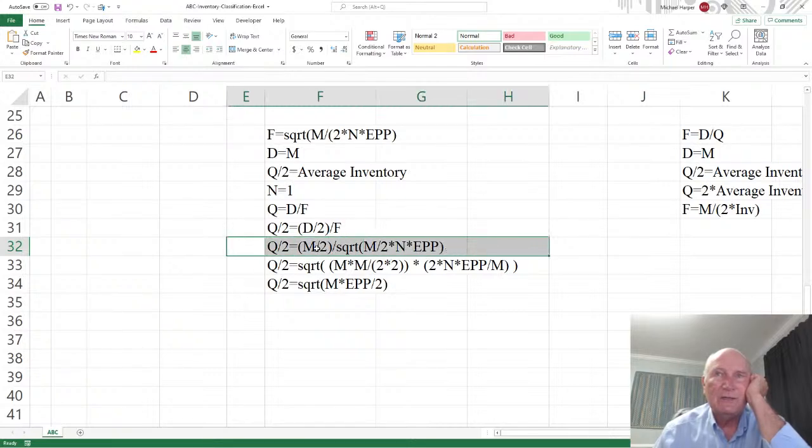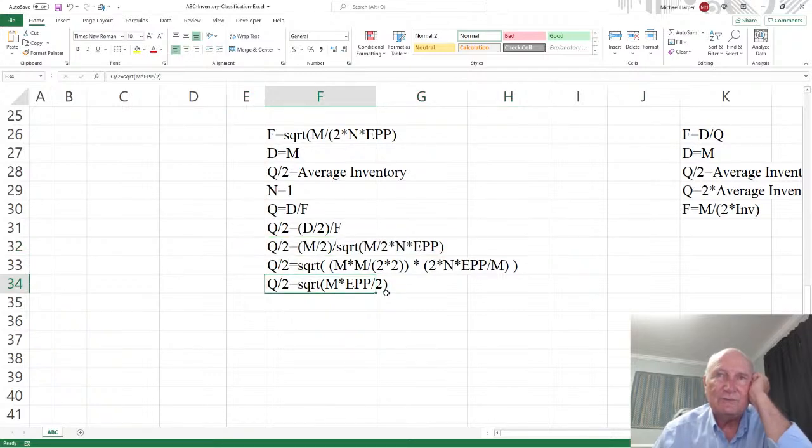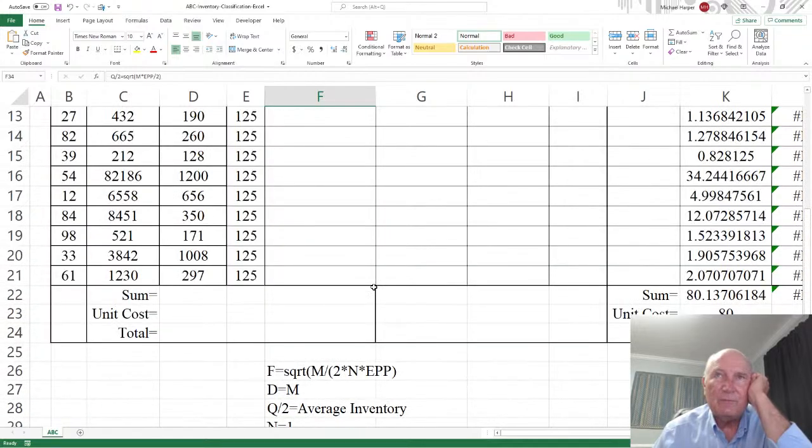So there's my M over 2 over the square root, and that's going to be my F. To do some algebra, I put everything under the radical, where I have M squared over 2 squared times, and I flip the divided-by square root, putting the M in the denominator and 2N EPP in the numerator. Then I just collect terms. When I collect the terms, N is 1, the M's cancel out, the 2's cancel out to 1. So I have the square root of M over EPP over 2. And that's what I put up here. So let's do it.